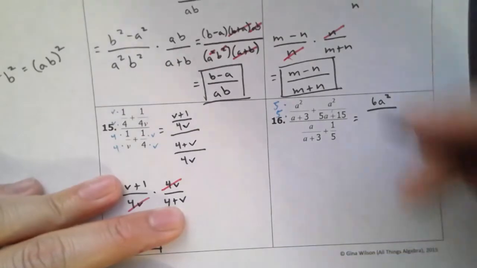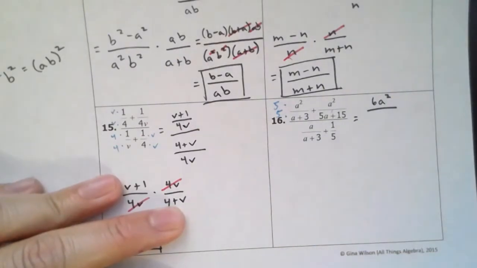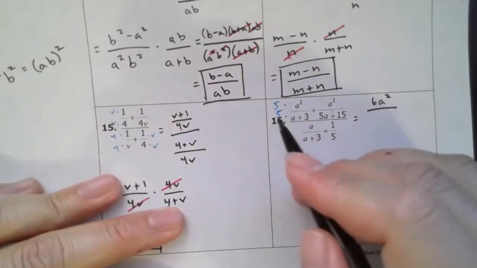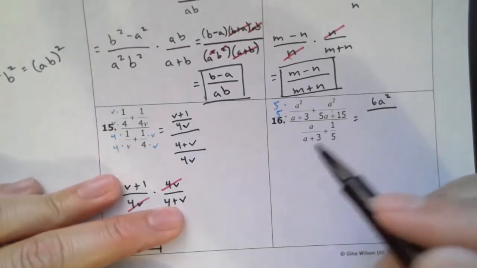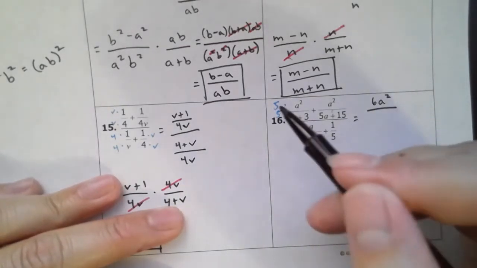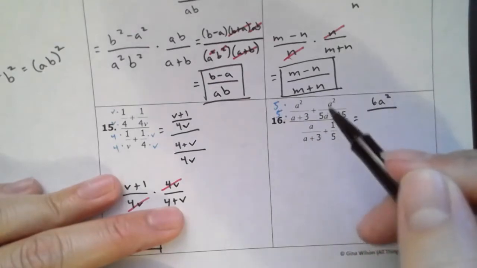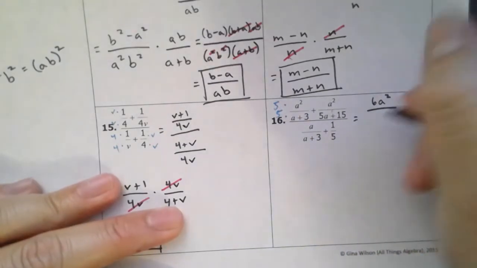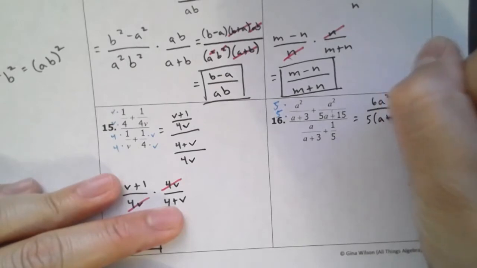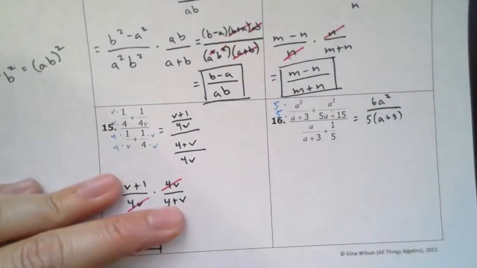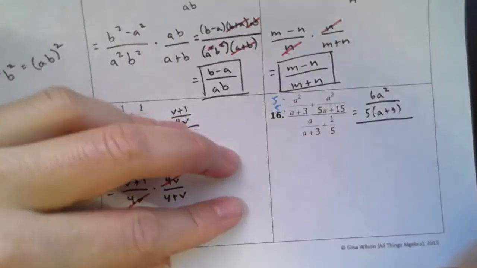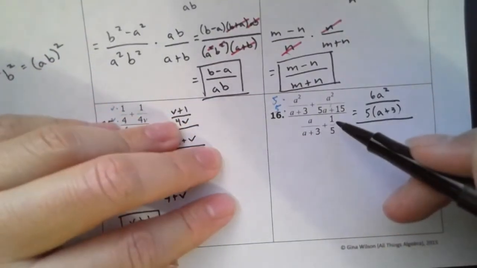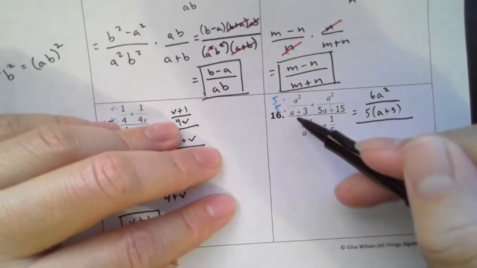over, and then I have the same denominator, right? And I think I'm going to keep it the way I would have it here in the left side, because I'm assuming it's going to let me make things cancel later. So 5 times a plus 3, right? If I factor out a 5 here, it's the same thing. So 5 times a plus 3 over, now here I have to multiply the right one by a plus 3, and I have to multiply the left one by 5.